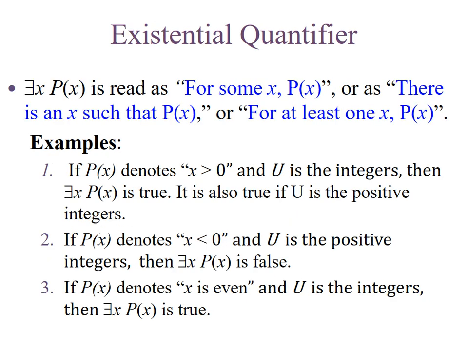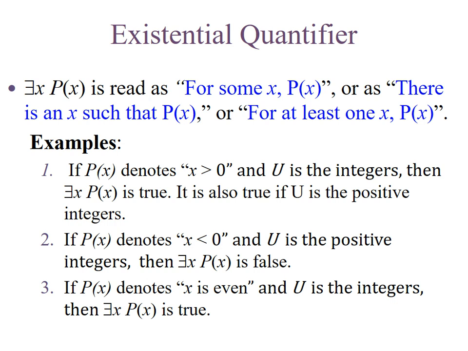Let's see for some. For some x P of x, sometimes we can call that there is an x such that P of x, or for at least one x P of x. You only need to find one example within the domain that makes P of x true, then you can assert for some x P of x.